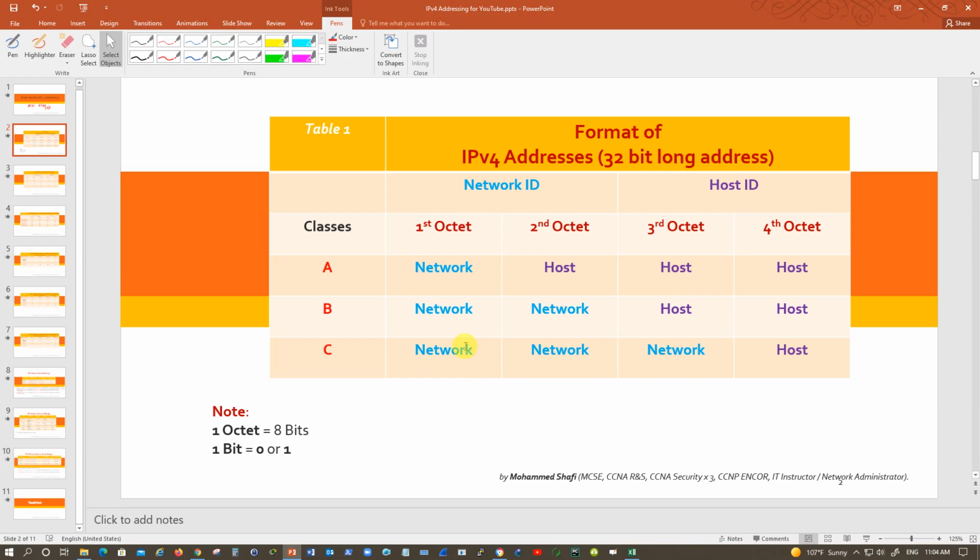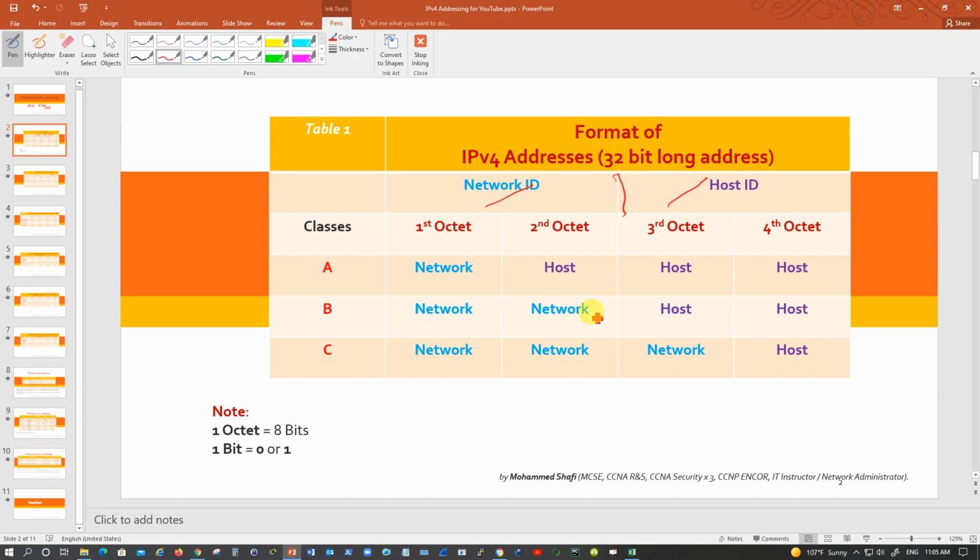One is the network ID, this one, and this one is the host ID. Two portions. See here, it has been divided into two.